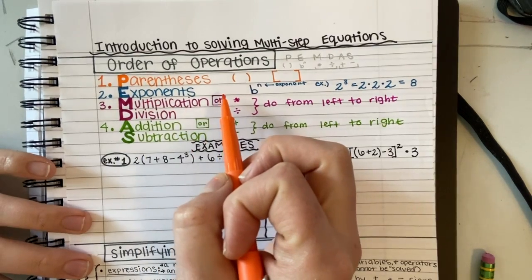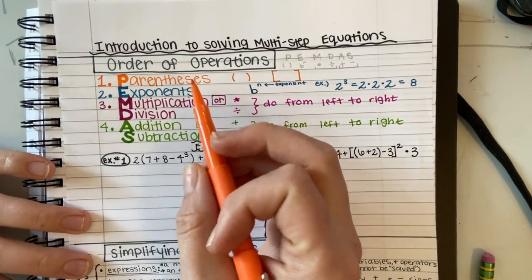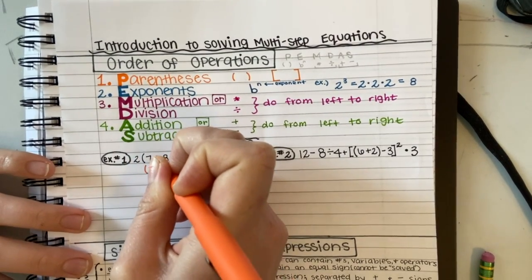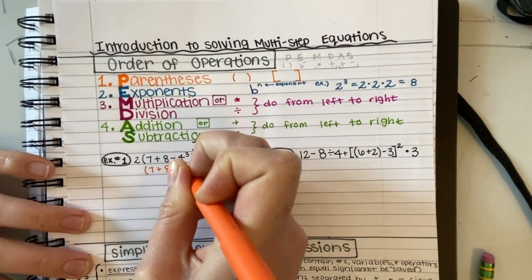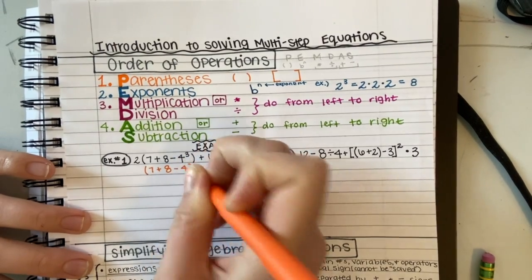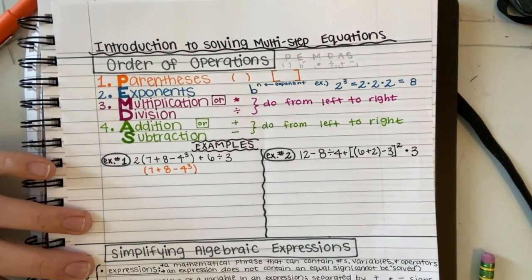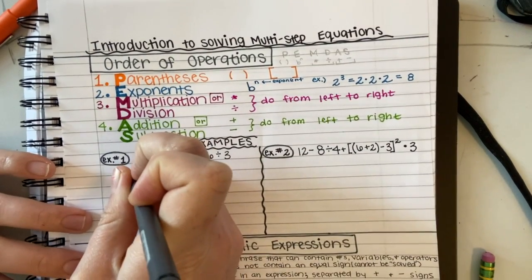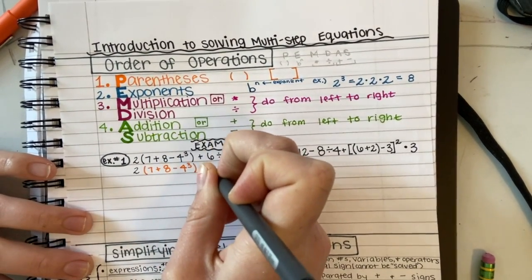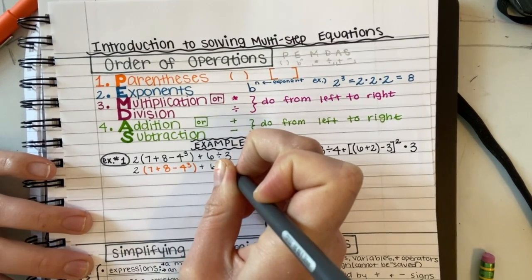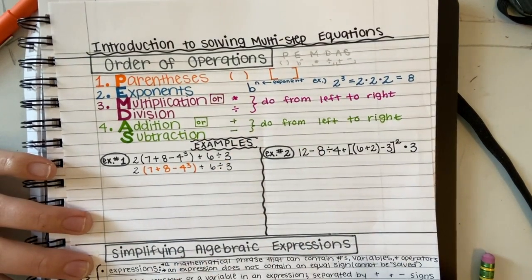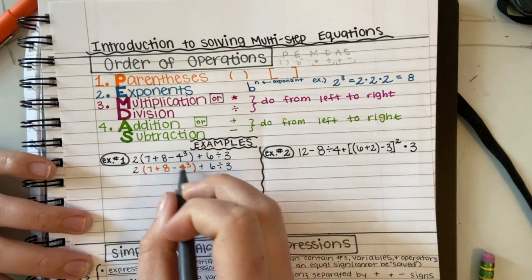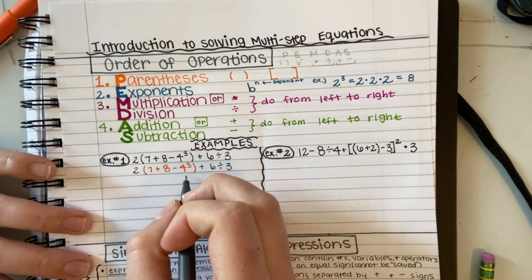So my first step is parentheses. Inside of the parentheses, I have 7 plus 8 minus 4 cubed. I'm going to leave the other numbers and operators in the original color so that I can try to ignore them while I'm working inside of the parentheses. Remember, we start over the order of operations once I'm looking inside of my parentheses.